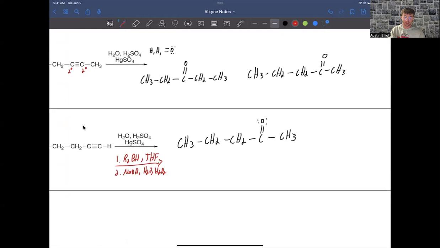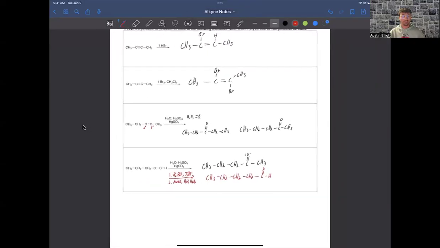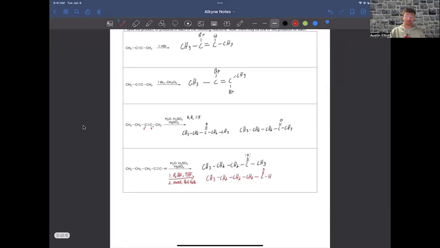This reaction would generate an aldehyde rather than a ketone. So it'd be CH3, CH2, CH2, CH2, C, and then H. Definitely knowing the difference between these two, and which one adds Markovnikov versus anti-Markovnikov, is very important for the exam. Like I was saying, if you have any questions, please come by office hours.